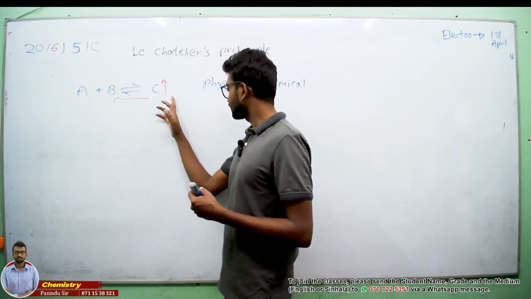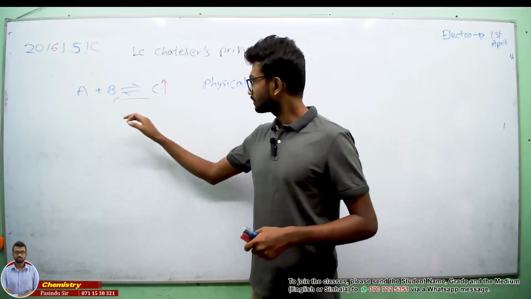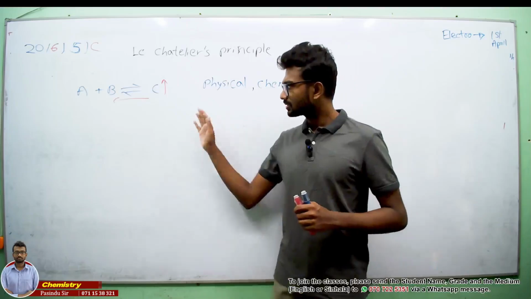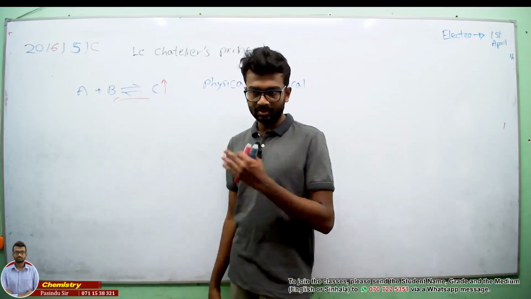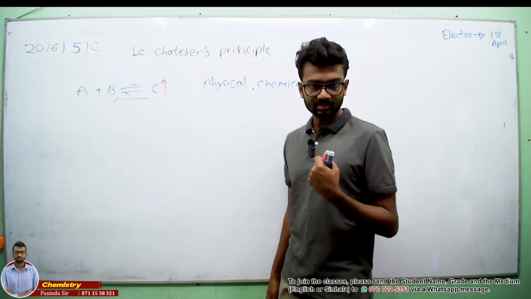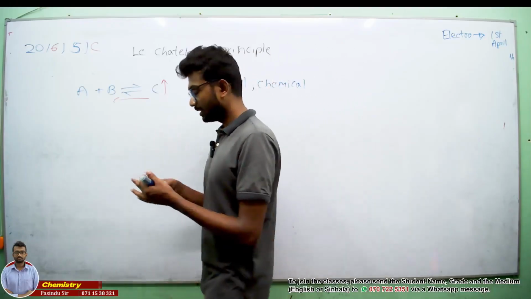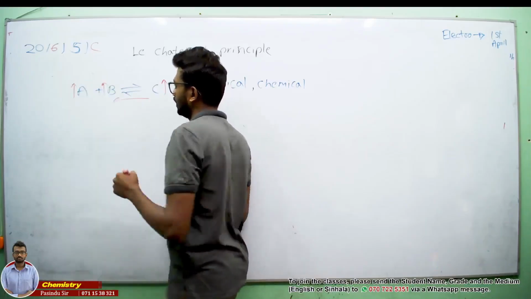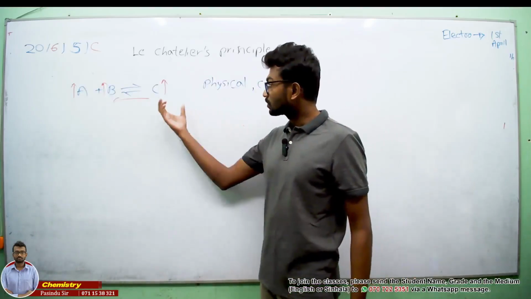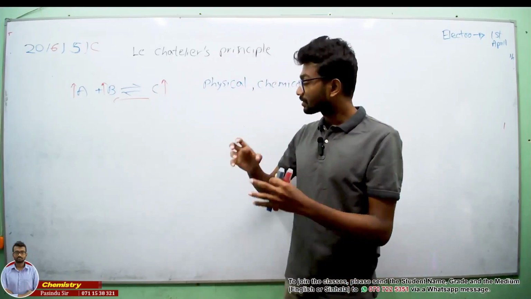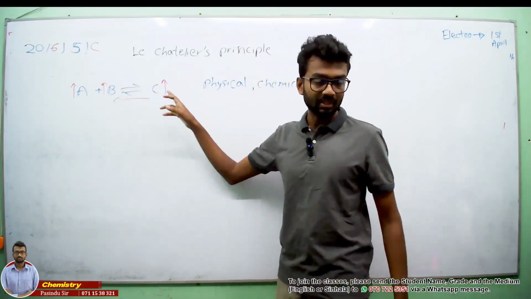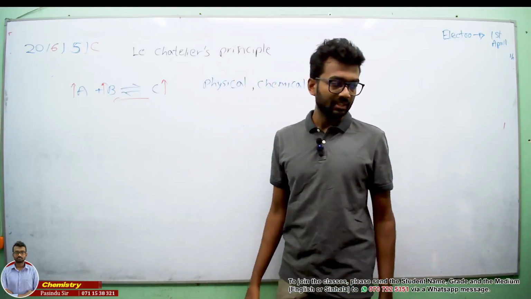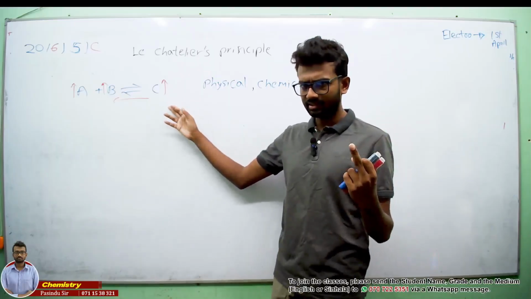If we increase the concentration of C, the system tries to reduce the concentration of C. That means the backward reaction increases, and it produces A and B. That doesn't mean it reduces the total increased amount into A and B, but some amount of C is reduced and converted into A and B.